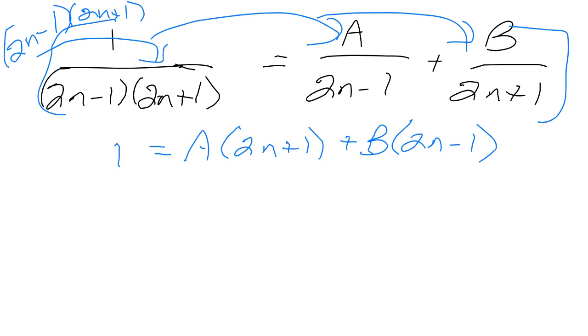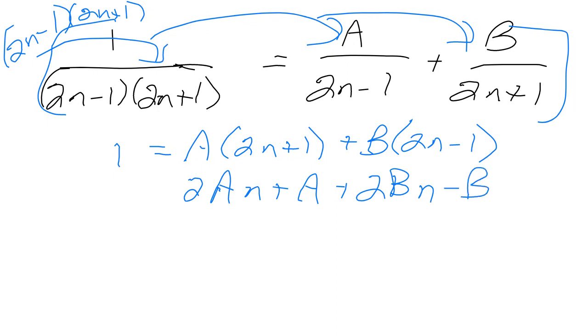Multiplying this out, this is 2an plus a, plus 2bn, where n is our variable, minus b. And that equals 1, which is the constant term, so we also have 0n plus 1.